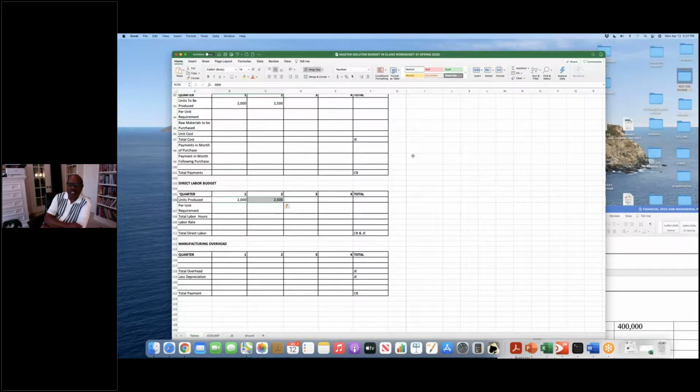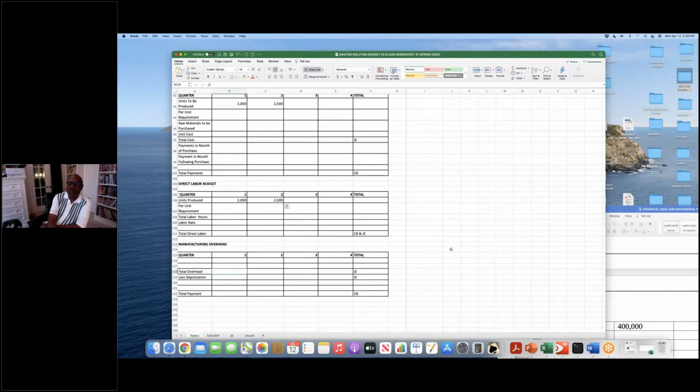Go to the in-class problem. Assumption. What does it say the manufacturing overhead is? You want the assumptions for total overhead and quarterly amount.